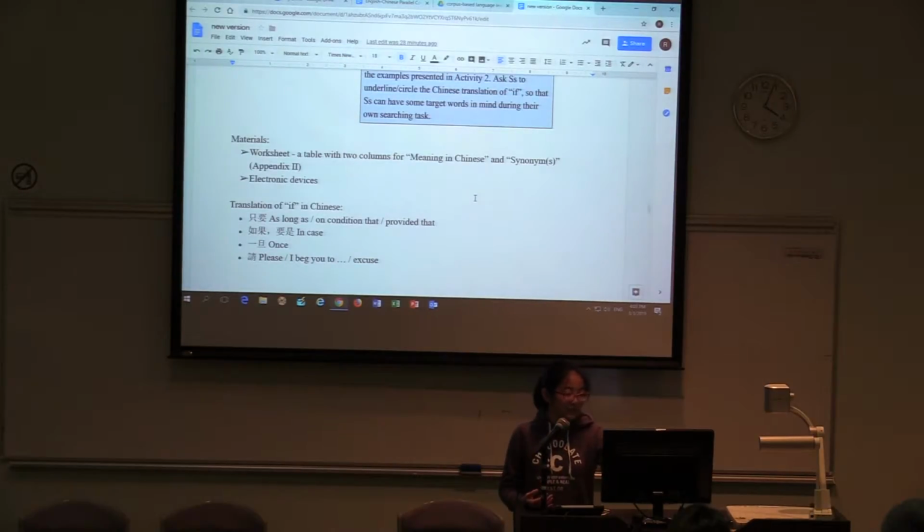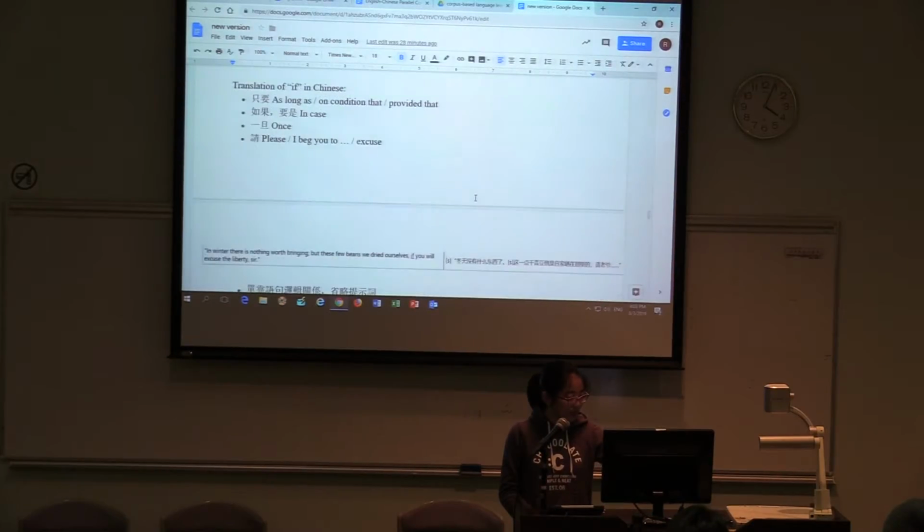And this is some suggestions after our searching, because we find those sentences have translated into these versions like 只要 and 如果, 一旦, 请.